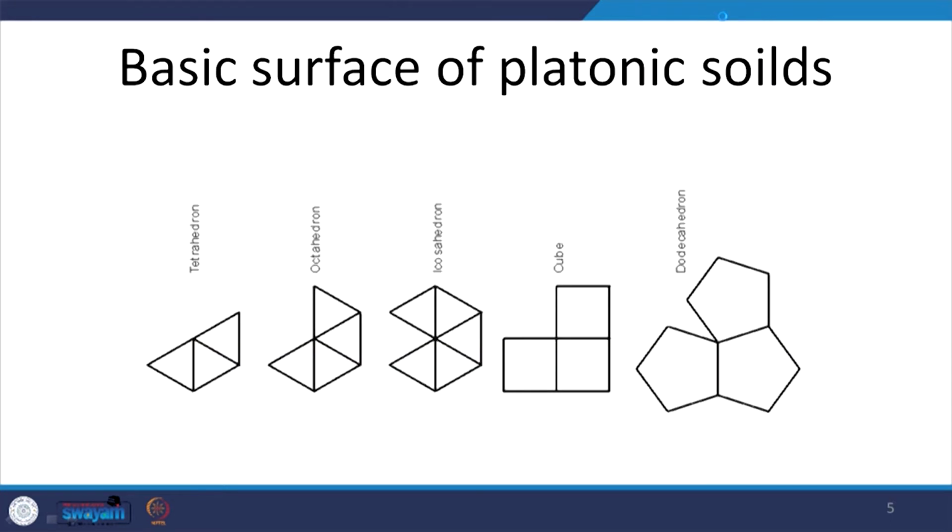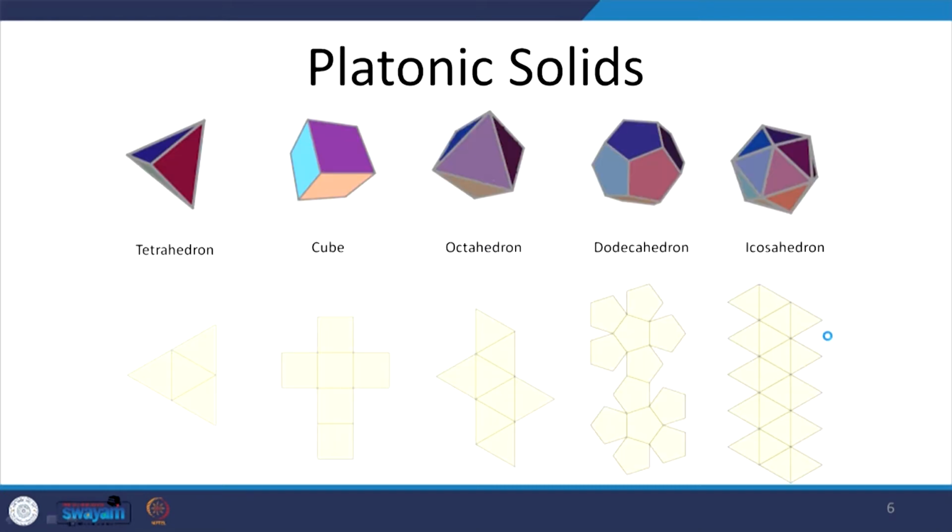Now, when we go on to develop the surfaces for these Platonic solids, we know very clearly what the generating surface is. In the case of the tetrahedron, we have an equilateral triangle, and the octahedron and icosahedron also. For a cube it's a square, and for a dodecahedron it's a pentagon. Let's see how these unfold. If it is a tetrahedron, we have a triangular surface.